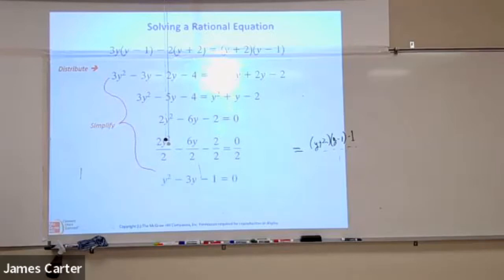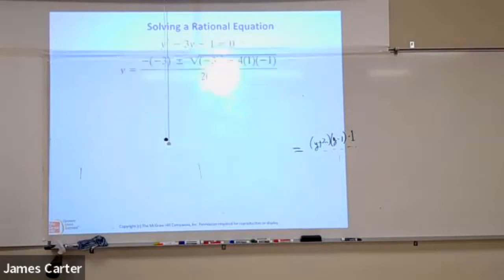Which leaves this, which is much nicer. That we cannot factor. There isn't any way you can get a 3 out of 1 times 1. So what's our option? Quadratic. Or you need one.